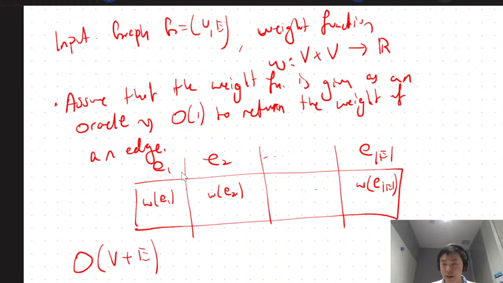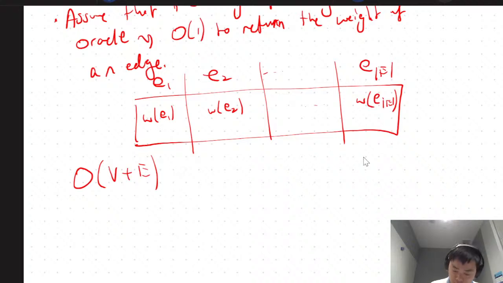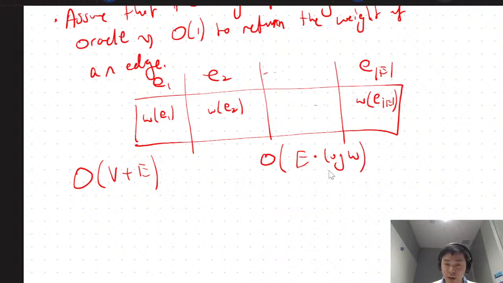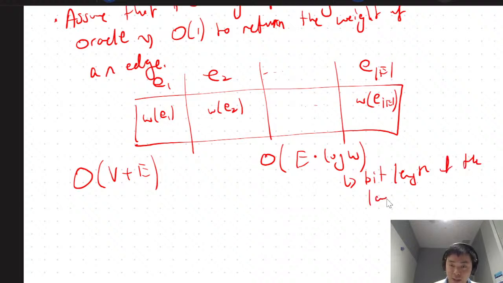We don't have to care about the representation of this function. If you care about the actual representation of this function, then you essentially have this array, and this array has size E times log of W, where log of W is the bit length of the largest weight.